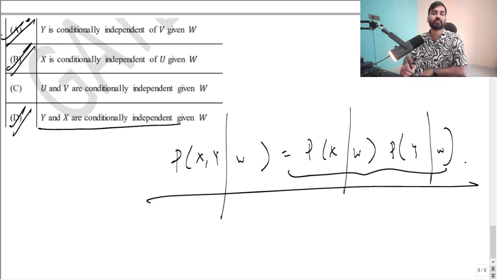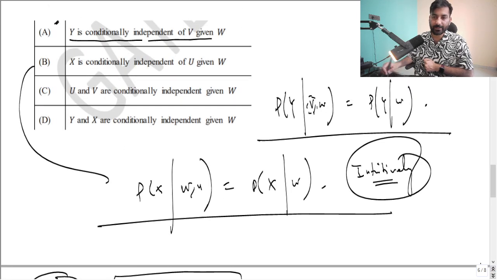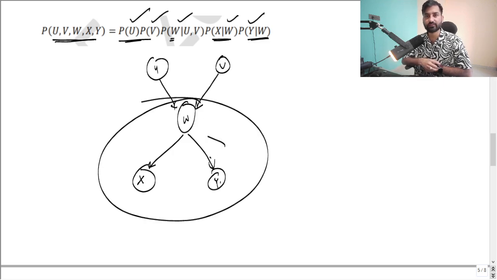Consider X and Y independent, so we write the product of the probability of X and the probability of Y, and given W means the third random variable has come in. The product is given here, and from the Bayesian network also you can see that given W, they are independent.